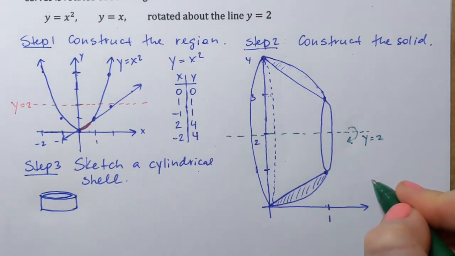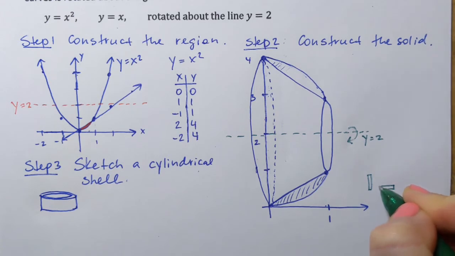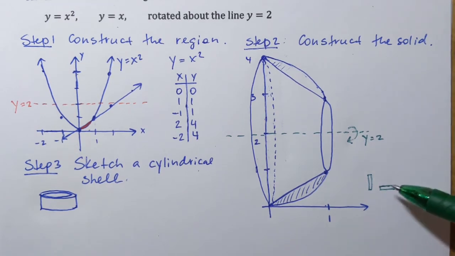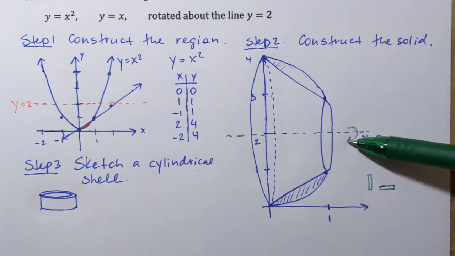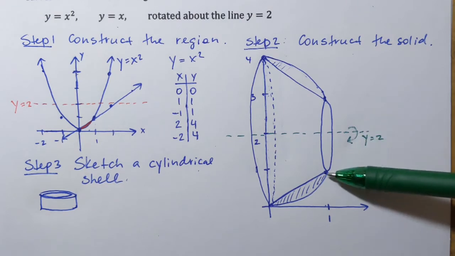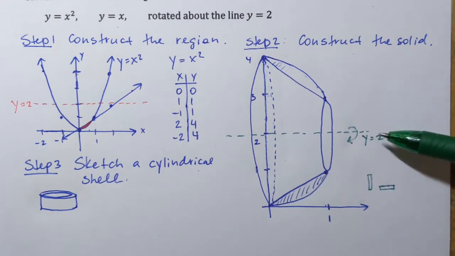So that's what I mean. I can either place the rectangle this way or this way, horizontally. And at this point I have to think, what's the right way to position the rectangle, vertically or horizontally? Think that once you position it, you will have to rotate it the same way as you rotated the region, so about the line y equals 2.